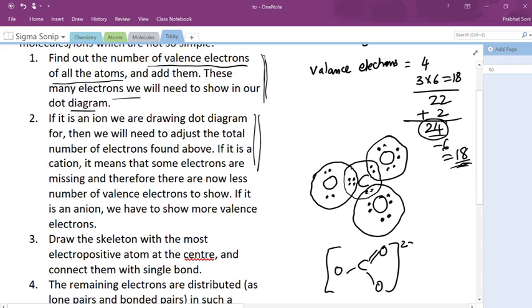In reality, we have shown a double bond with only one of the oxygen atoms, but in reality there is a resonance structure, with resonance between the three oxygen atoms. But we are not going to talk about that. For our purpose, this is the structural diagram of the carbonate ion, and that is the electron dot diagram of the carbonate ion.